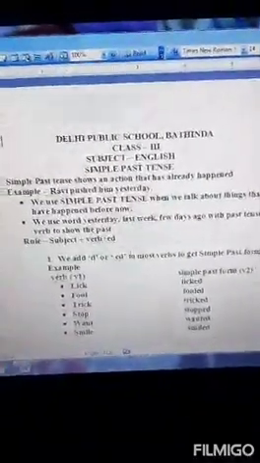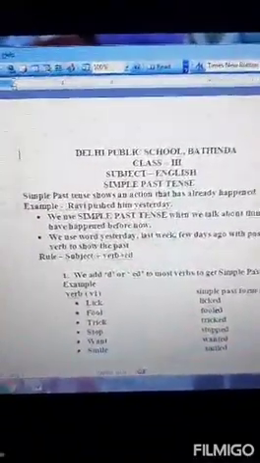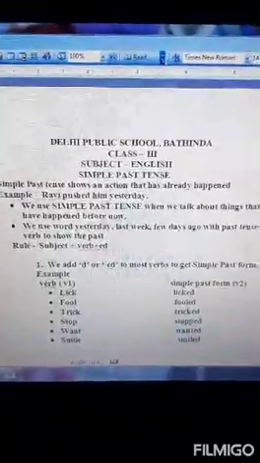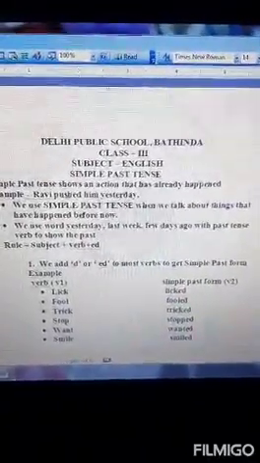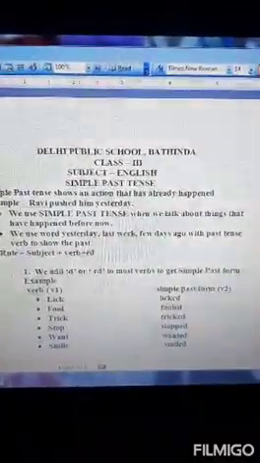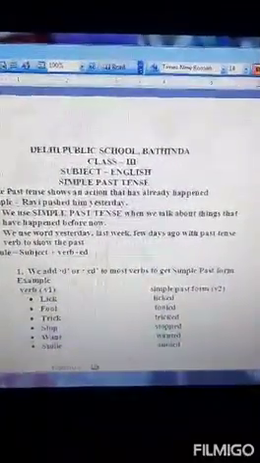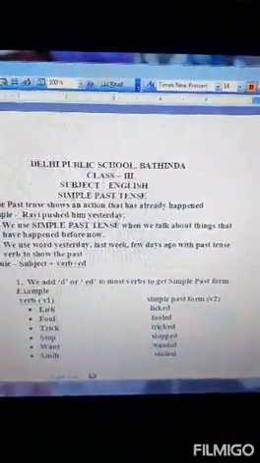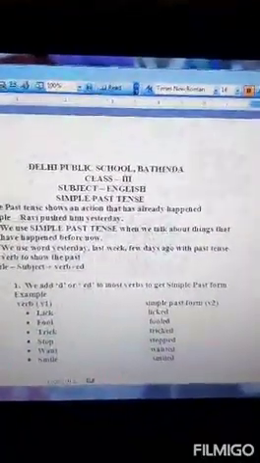So where are we using simple past tense? We use simple past tense when we talk about things that happened before now, that I told you. Now I have told you by giving the example Ravi pushed him yesterday, means the action has taken place before.